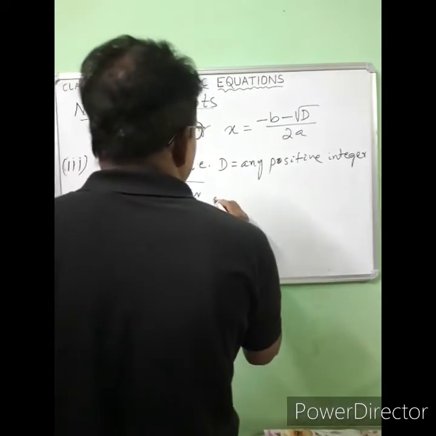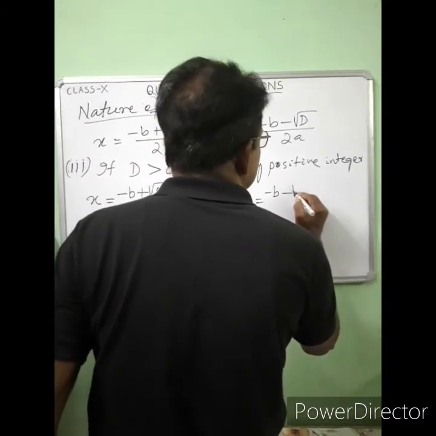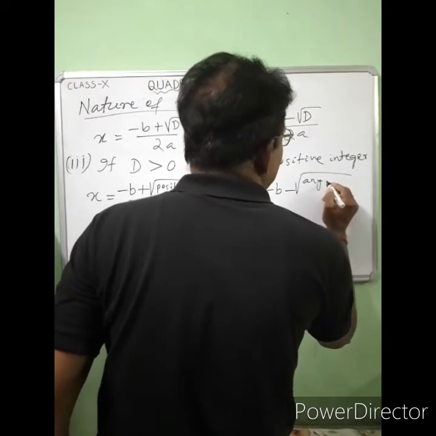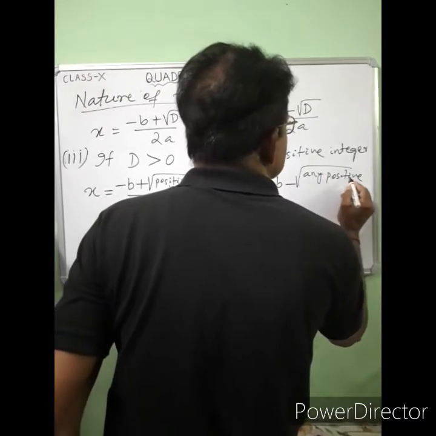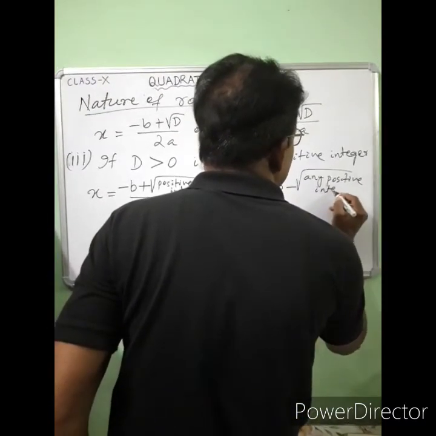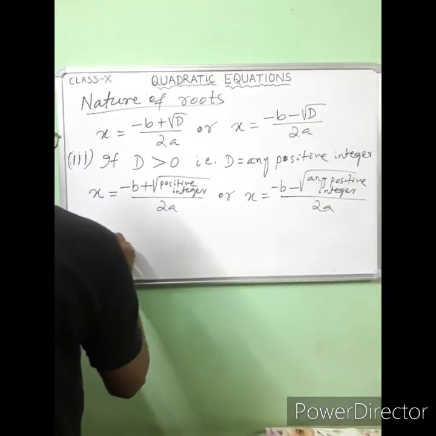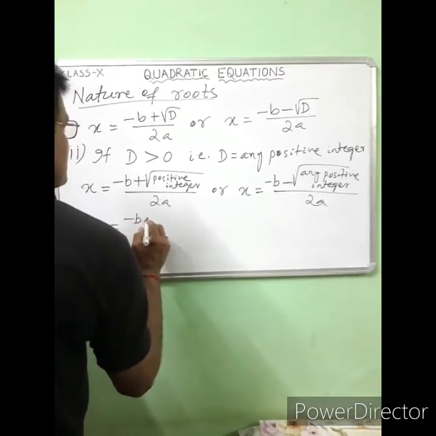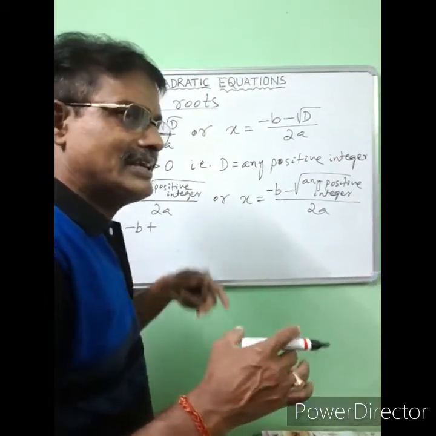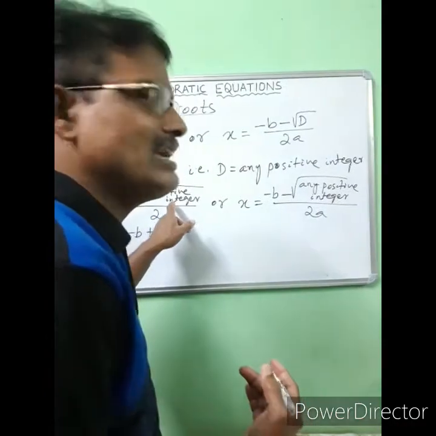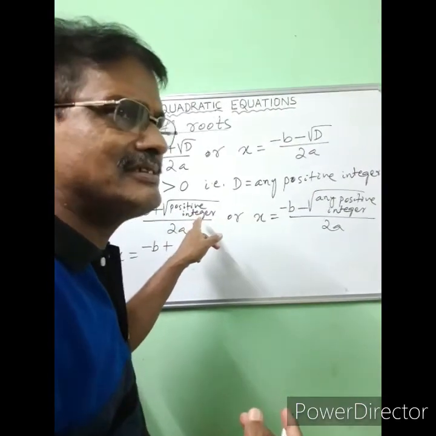So that implies x is equal to minus b plus root over of any positive integer. Root over of any positive integer is a real number.